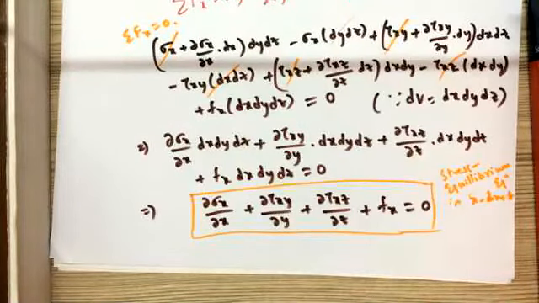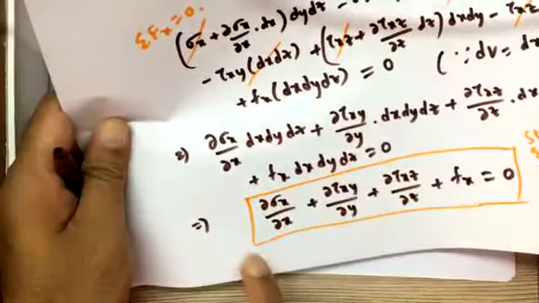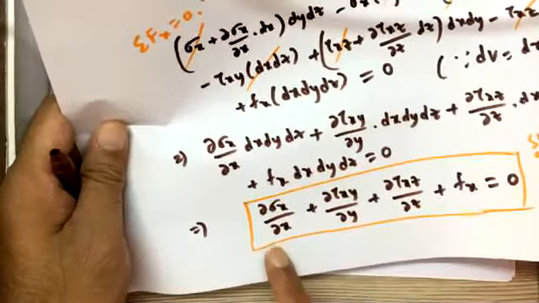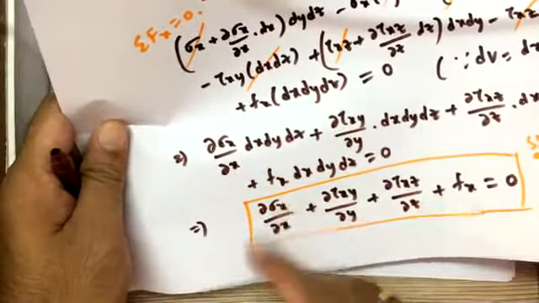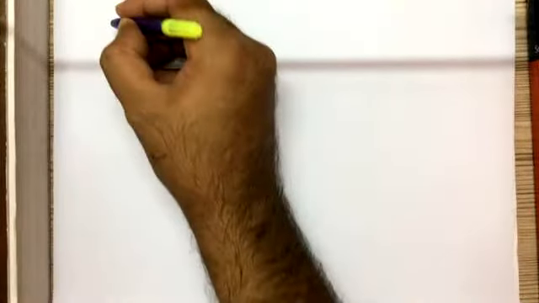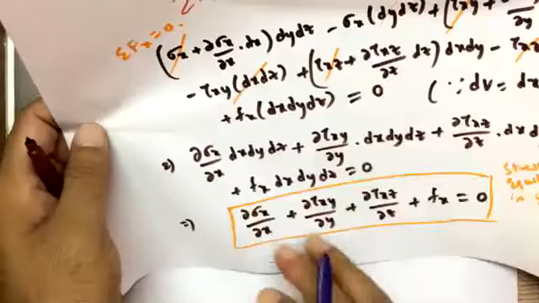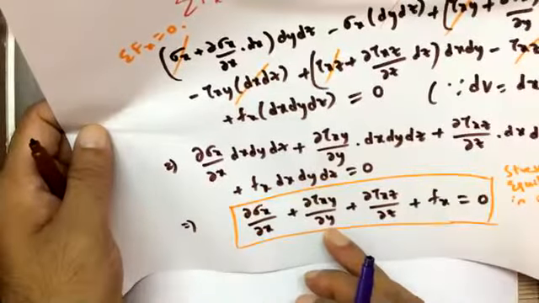Now similarly, in x direction I got ∂σx/∂x as the first term. So in y direction, similarly, I'll get ∂σy/∂y plus what is the next term? ∂τxy/∂y.